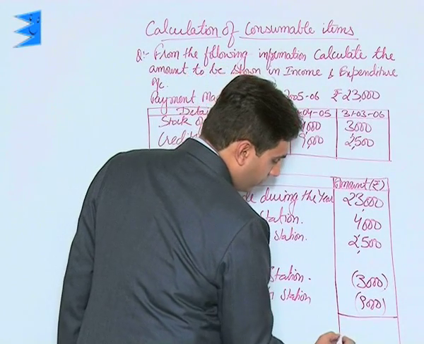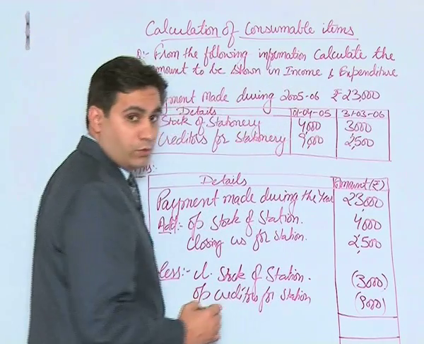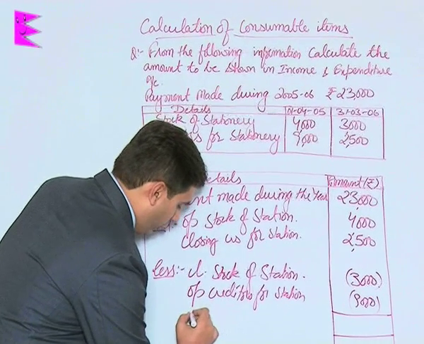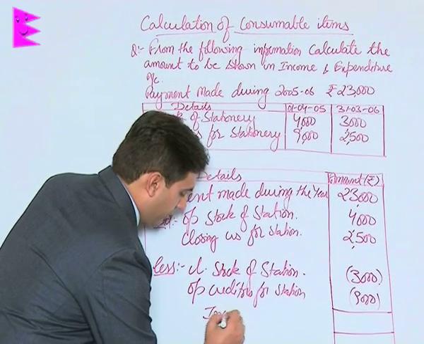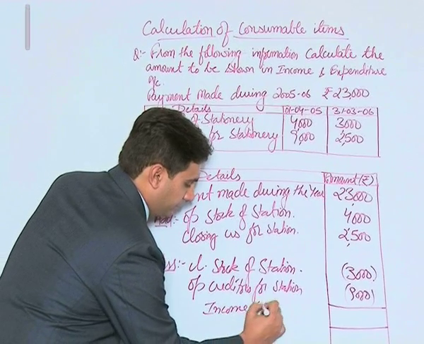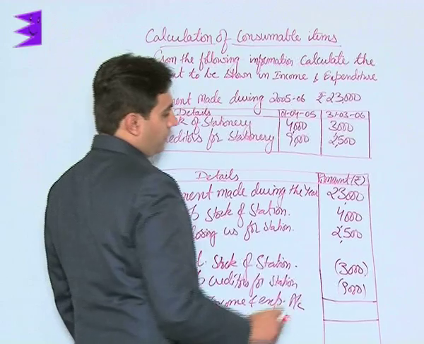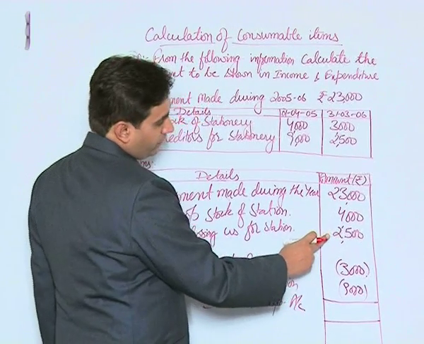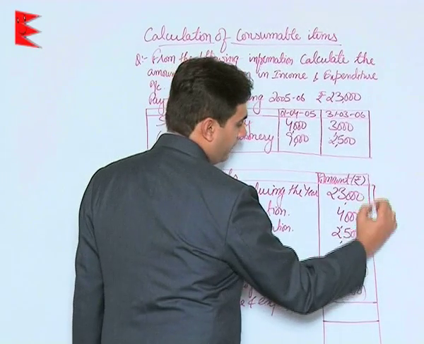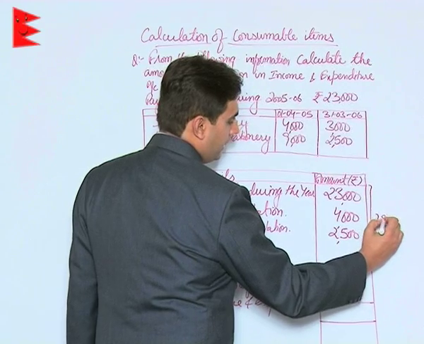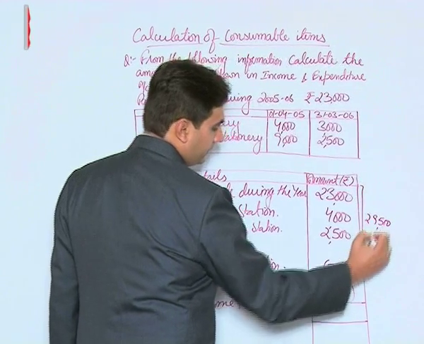Let us total it out and find the amount that would be credited or transferred to income and expenditure account. The total on the positive side is 29,500. I am using it as rough column, 29,500.